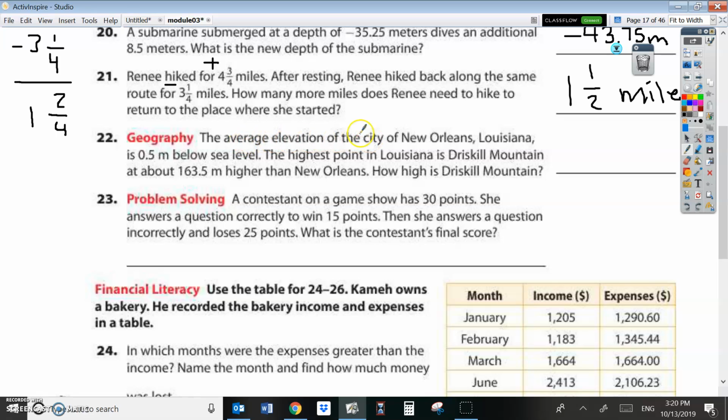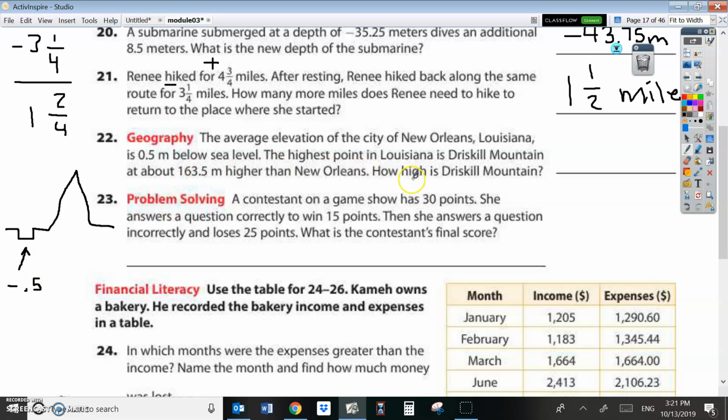The average elevation of the city of New Orleans, Louisiana is 0.5 meters below sea level. The highest point in Louisiana is Driscoll Mountain, at about 163.5 meters higher than New Orleans. How high is Mount Driscoll? So remember, New Orleans is a little bit below. So right here is negative 0.5.